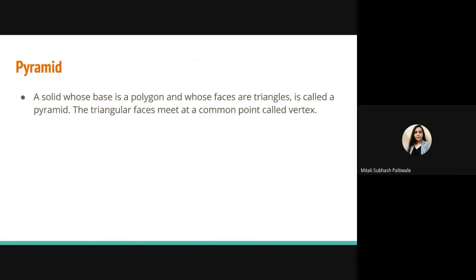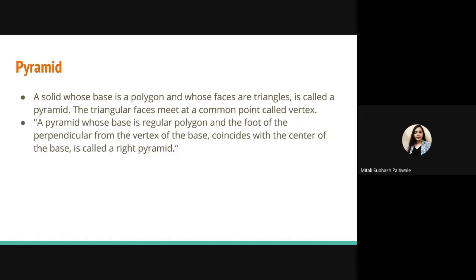A pyramid. A pyramid is a solid polygon, I would say, and all the faces of the pyramid are triangles, and the triangles meet at a common point, which is nothing but the vertex.